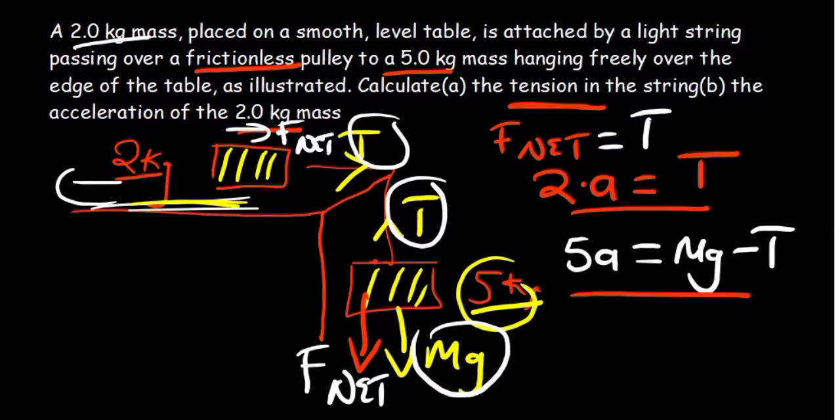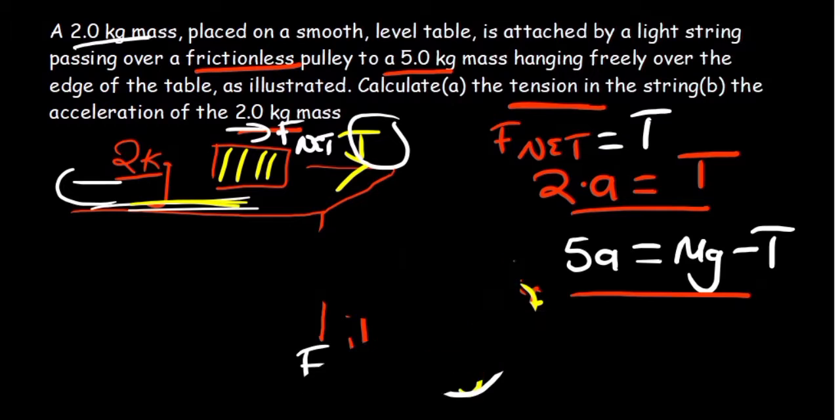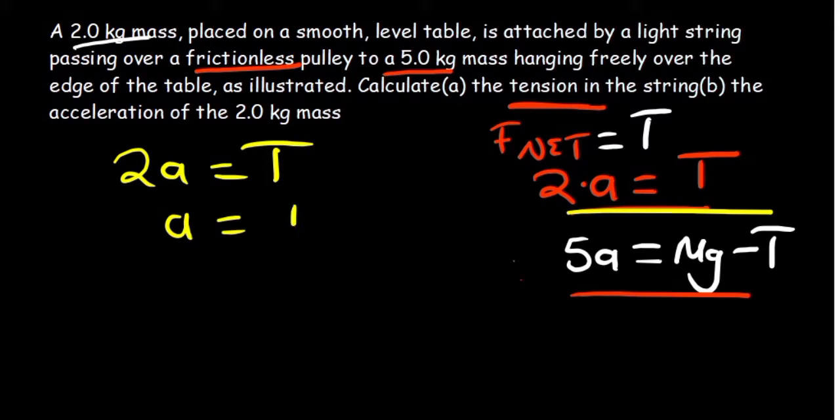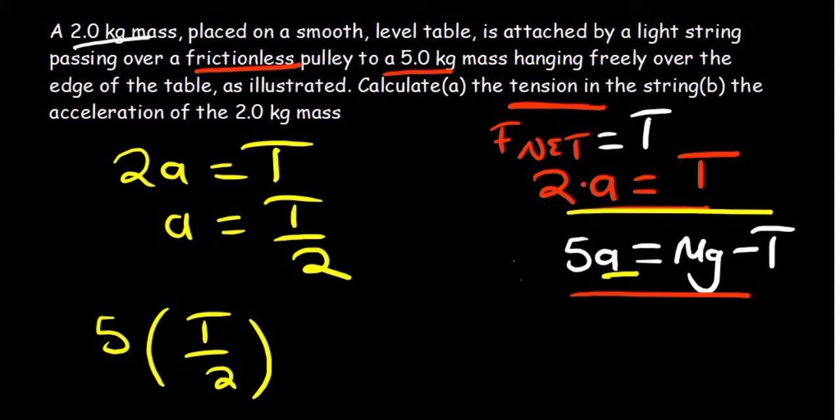I can make a the subject in the first equation. 2a is equivalent to T, so making a the subject, a is T over 2. I can now go to the second equation where I plug in at the point where we have a. Where there is a, I put T over 2, being equal to mg.